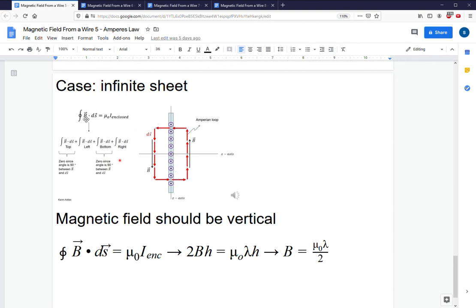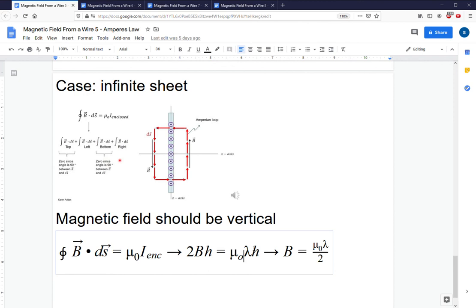And so the integral of B dot ds is equal to 2 times the magnetic field at this distance times this height. So magnetic field times the height here, magnetic field times the height here. For I enclosed, we need to use lambda to represent, this time, current density.